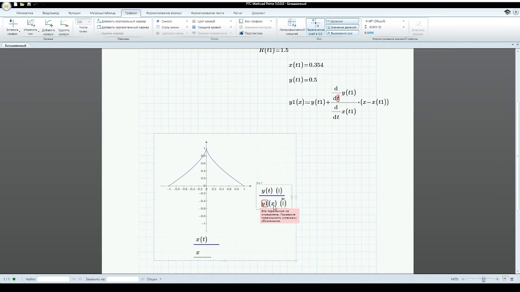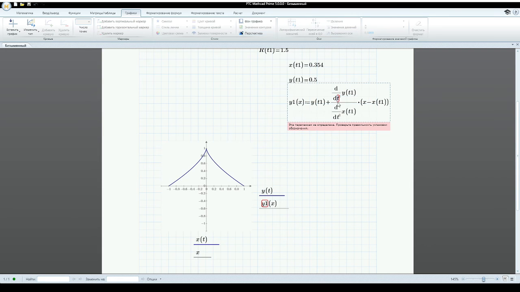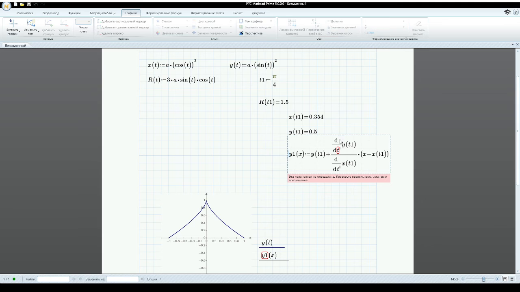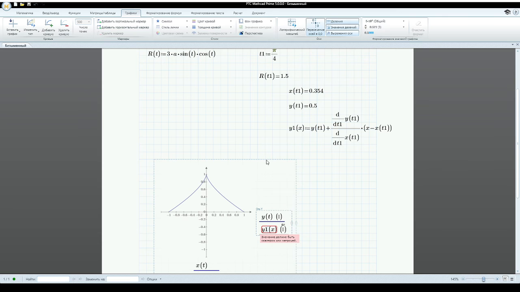So I do not want the t1, I want to plot it.